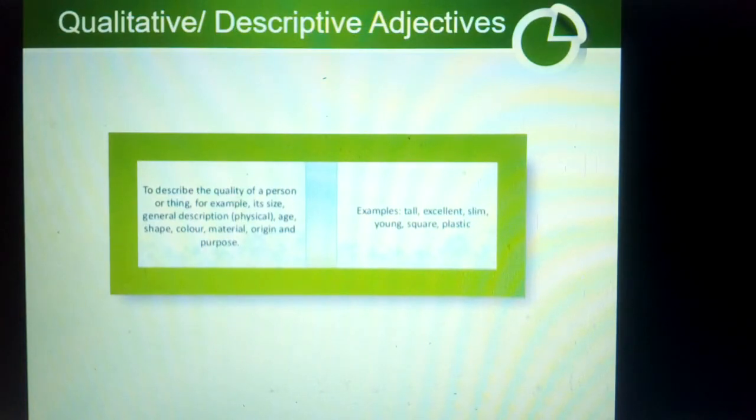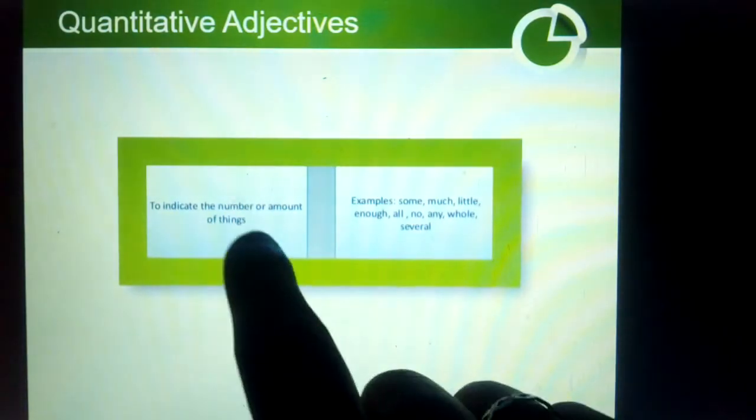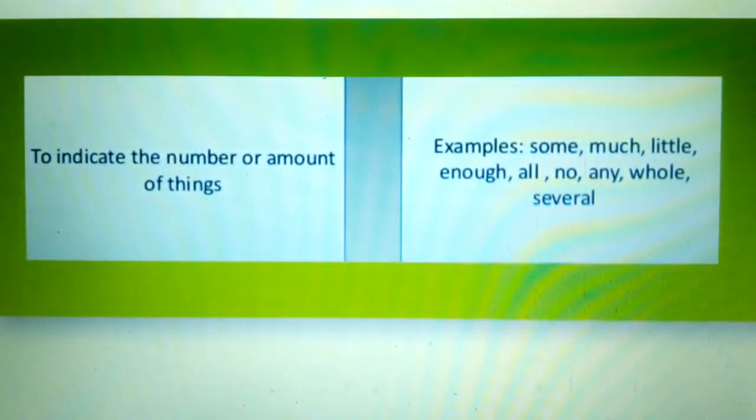Now the next type, quantitative adjectives. These adjectives are used to indicate the number or amount of things, and the examples are some, much, little, enough, all, no, any, whole, and several.